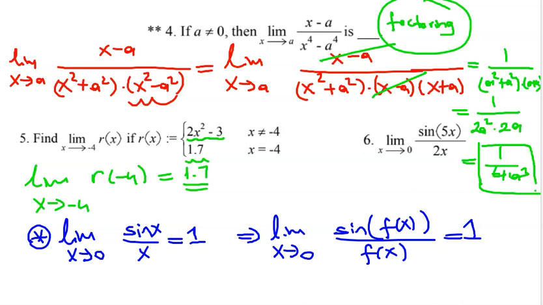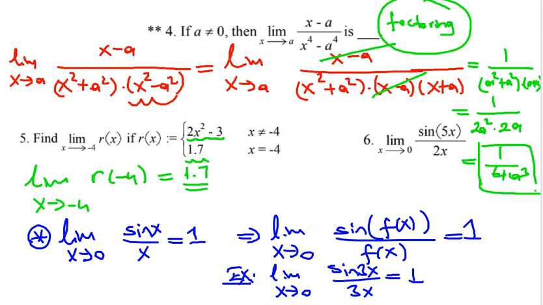I'm going to give a quick example. If I have limit x approaches 0 of sine 3x over 3x, notice that we got the same inside function 3x on top, and the same function 3x on the bottom. So the answer is going to be equal to 1. And also notice that x approaches 0.